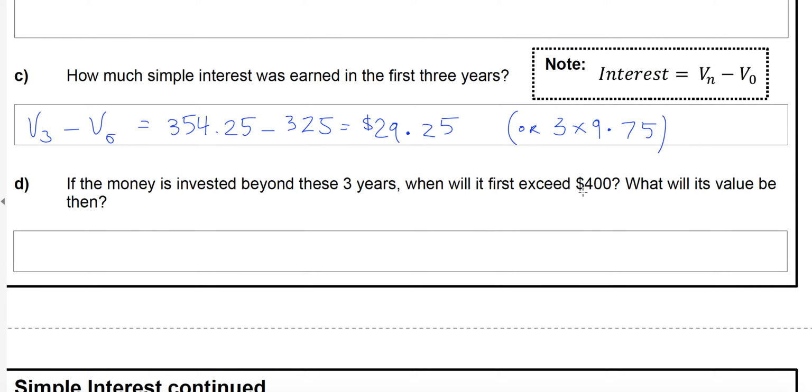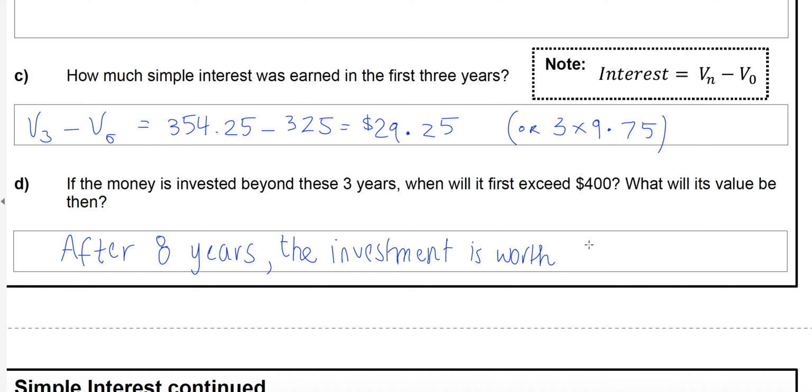If you do that now with your calculator, what you'll find, you do have to count unfortunately, but after 8 years, we finally tip over the $400 mark, and then the investment is worth $403.